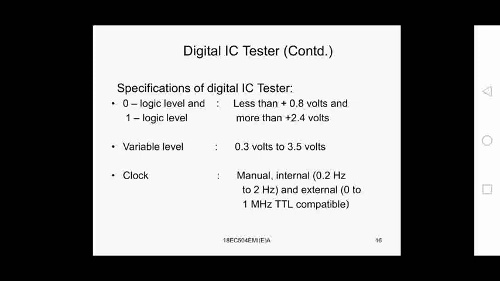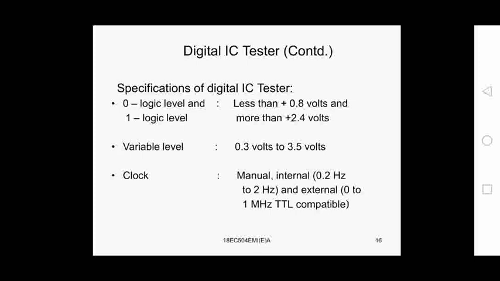In the digital IC tester, less than plus 0.8 volts we can call logic 0 level. If it is more than plus 2.4 volts, we can call it logic 1 level. We have one more specification, a variable level, which can be set from 0.3 volts to 3.5 volts.